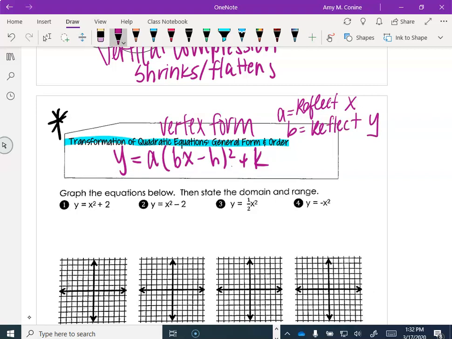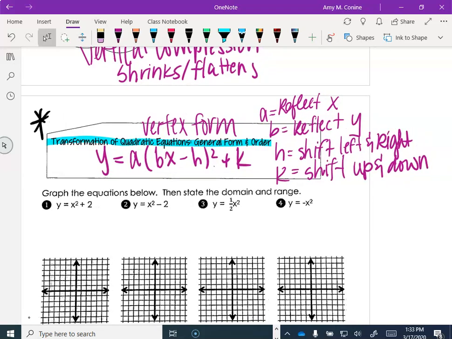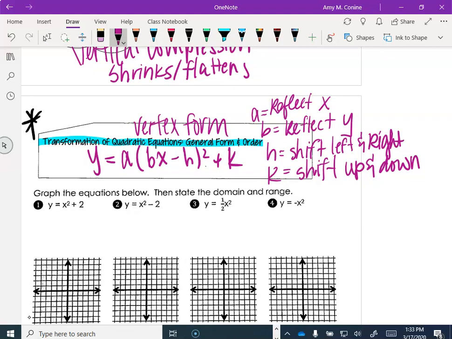And then your h is your shift left and right. And your k is your shift up and down. Okay, so hopefully what you saw with the shifting left and right in the examples, it's the opposite of what the sign is in there. So this is the standard, the minus will be in there all the time.